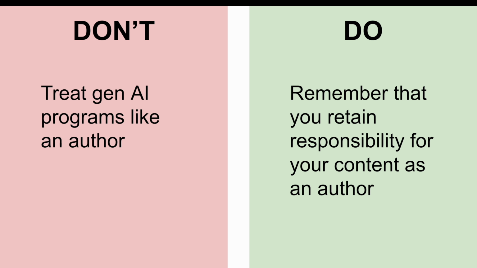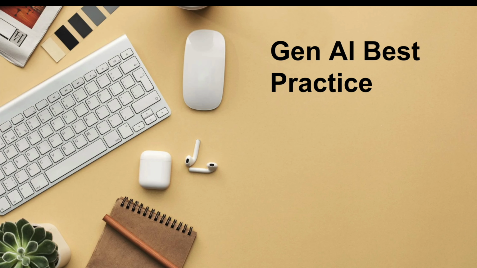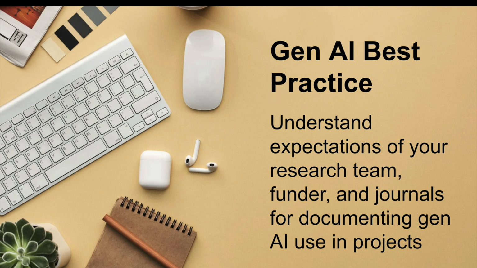This might include documenting the date used, prompt given, version of the tool used, and more. Thus, a best practice for using Gen AI for research writing is to fully understand how your target journal, research team, funding agency, or other publication venue want you to use and document your use of Gen AI tools to help with your work.